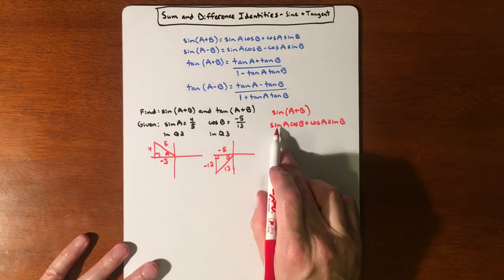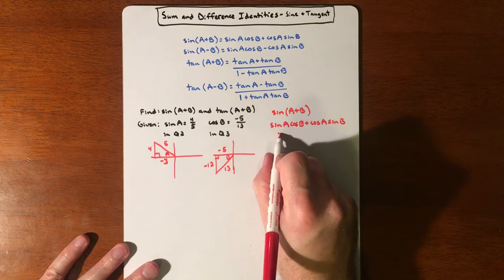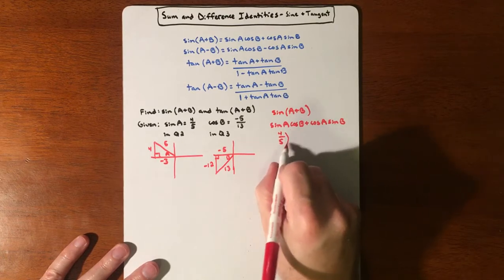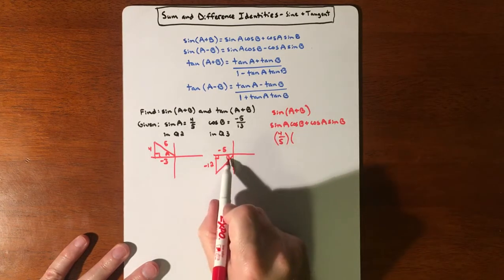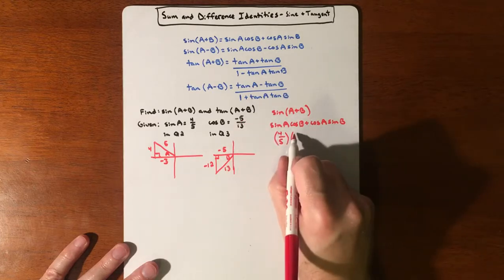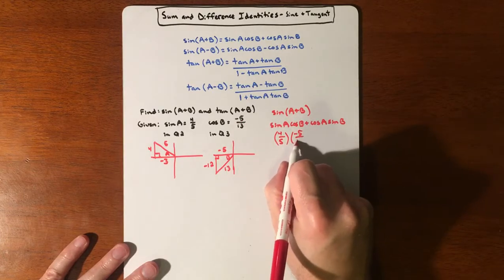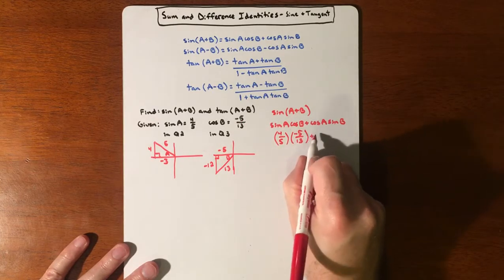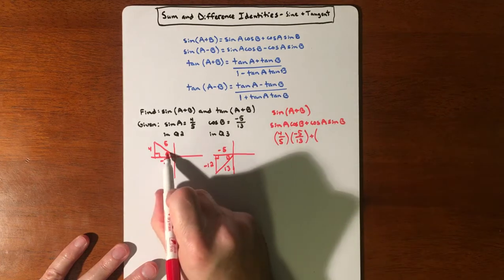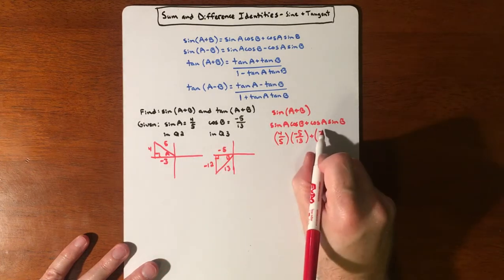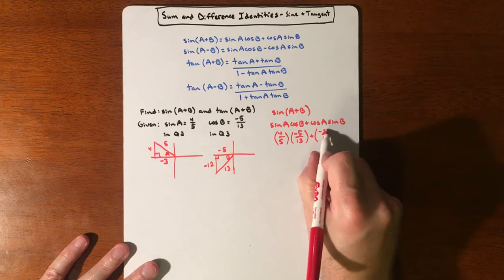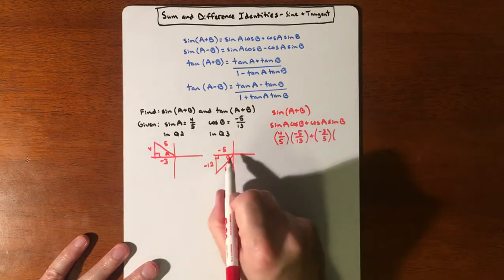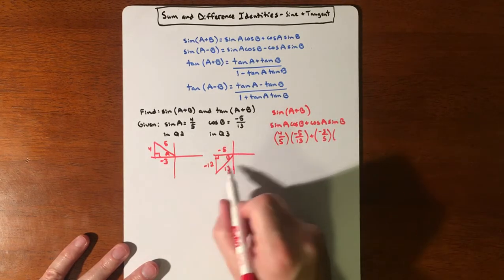All right, sine of A, we already knew was 4/5. Cosine of B, we already knew, was negative 5/13, plus cosine of A is negative 3/5, and sine of B is negative 12/13.